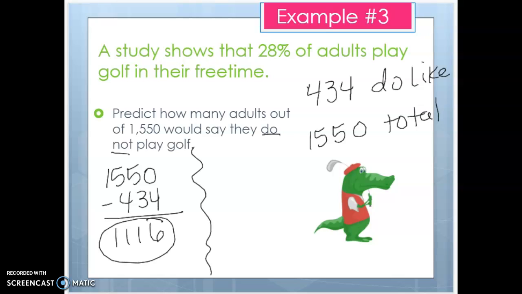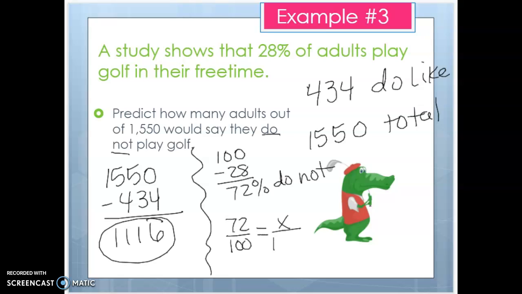The other way is to still set up a proportion. I would have to figure out what percent do not play golf. So if 28% do, then if I subtract 28 from 100, that would give me that 72% do not like it. So then that is what I would use in my proportion. So 72 over 100 equals x over 1550.